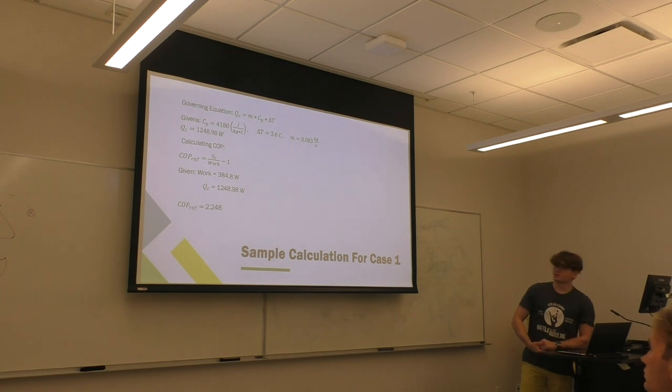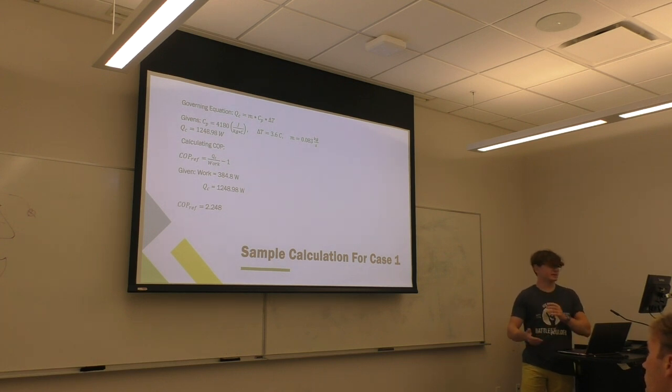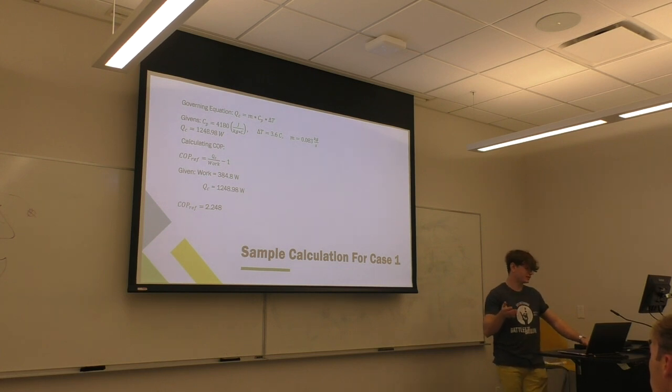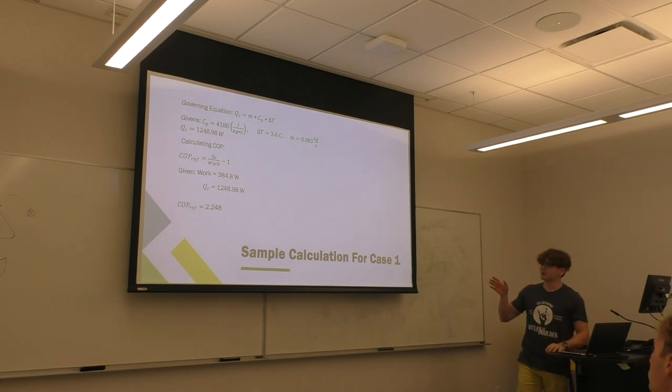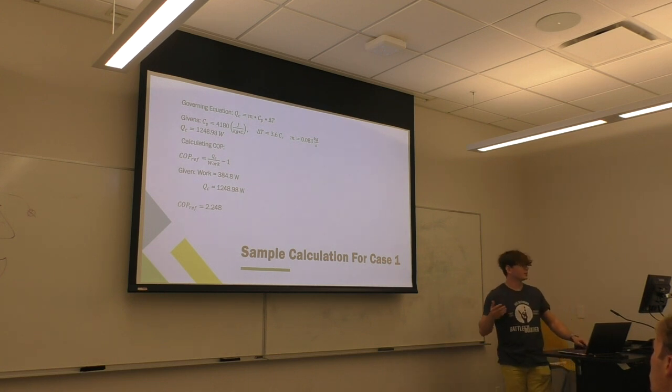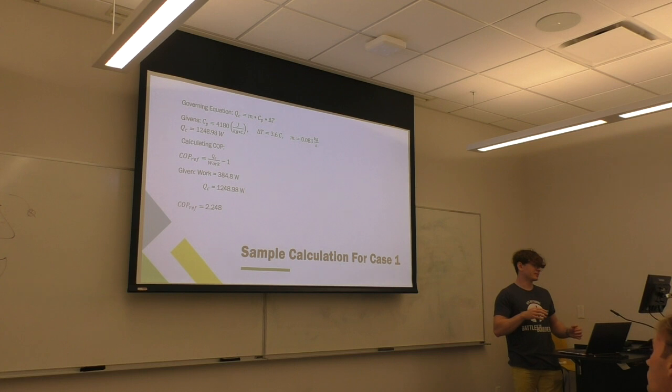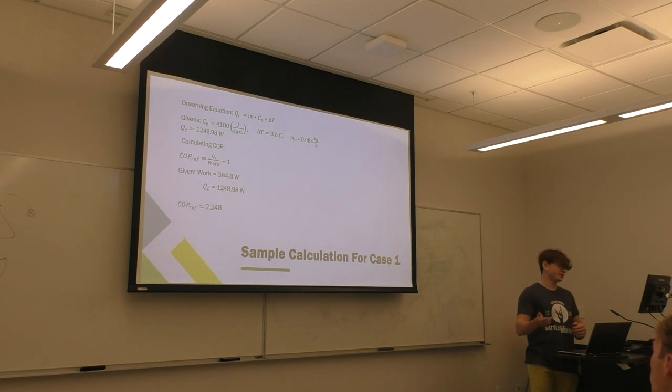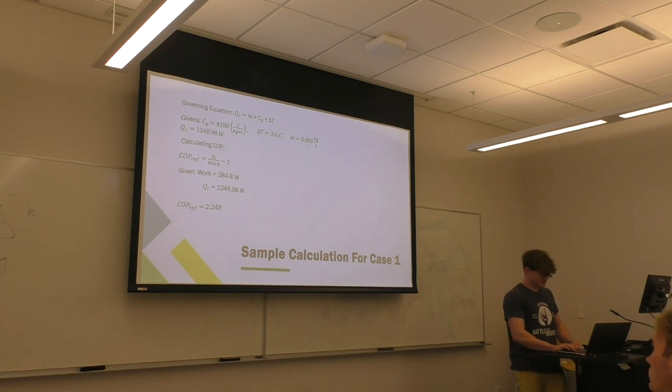So it came out to be 1,248.98 watts, and when you plug into the COP equation, which is the ratio of the amount of energy taken out of the system versus the amount of work you have to put into it, and the -1 there is to account for the fact that just QC over work is the heat pump equation, but we want the refrigeration COP performance, which is the heat pump minus 1. So that came out to be 2.248 COP.